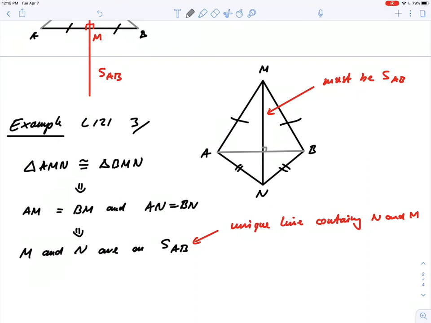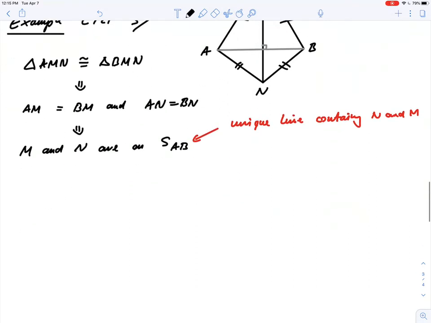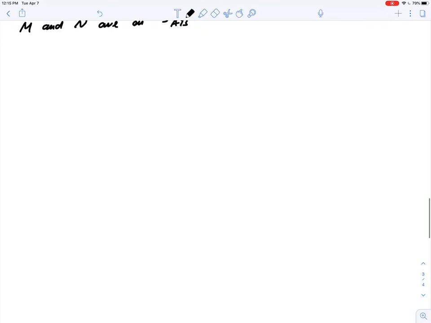Okay, so neat. So finally, let's do a kind of an interesting theorem, which is a consequence of this essentially. So theorem.